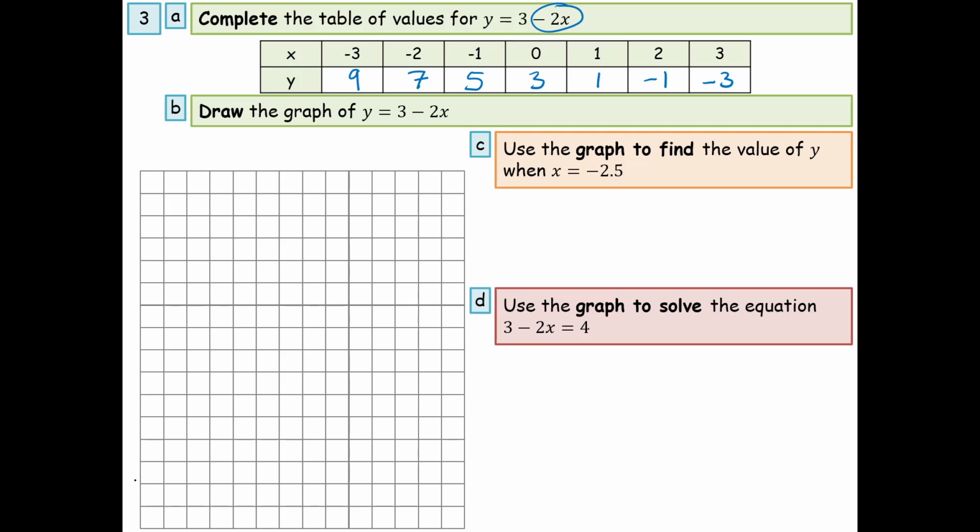So let's go ahead and draw that. I think I do have enough space to draw that. If not, we can correct it. So we're going to go from 9 down to minus 3. So 9, 8, 7, 6, 5, 4, 3, 2, 1. And then minus 1, minus 2, minus 3.